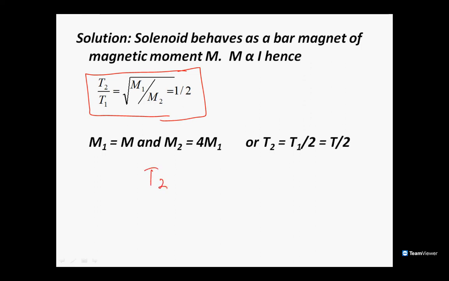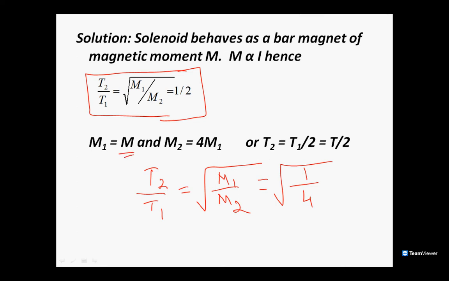T2 divided by T1 equal to square root of M1 divided by M2 equal to square root of 1 divided by 4. Why am I writing 4 here? Because M1 equal to M, M2 equal to 4M. Because current increases 4 times.